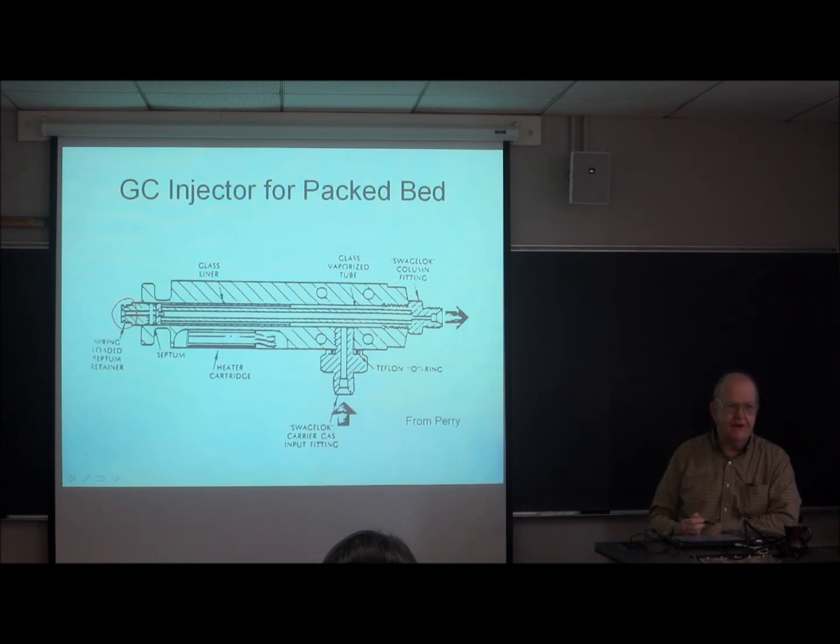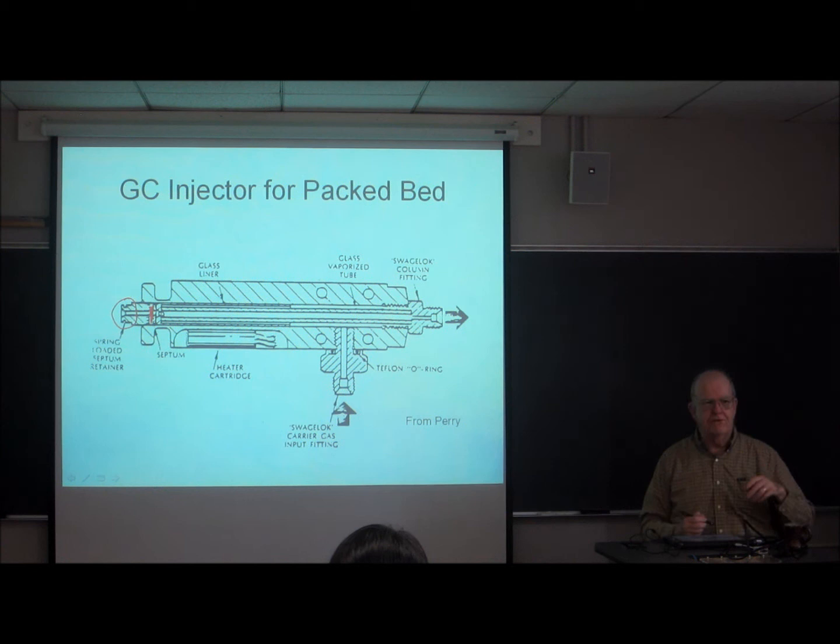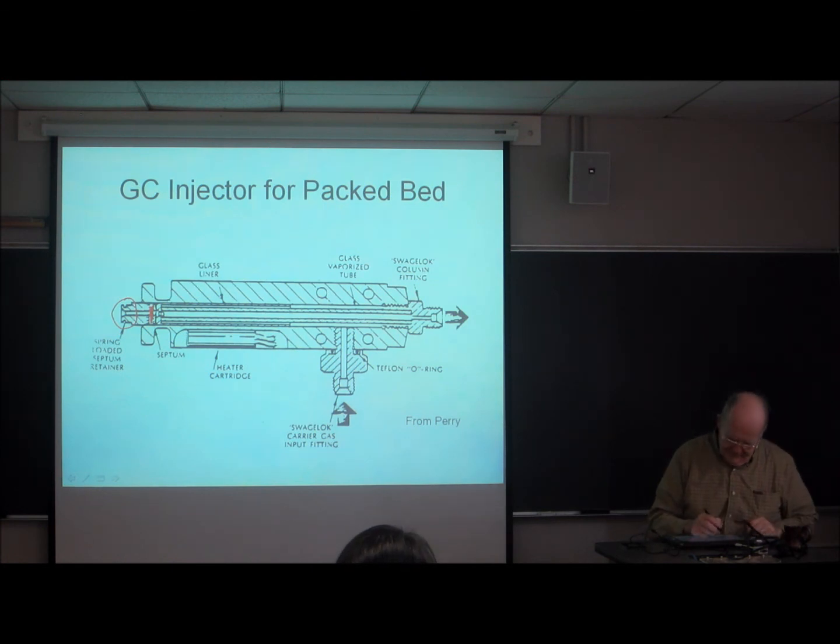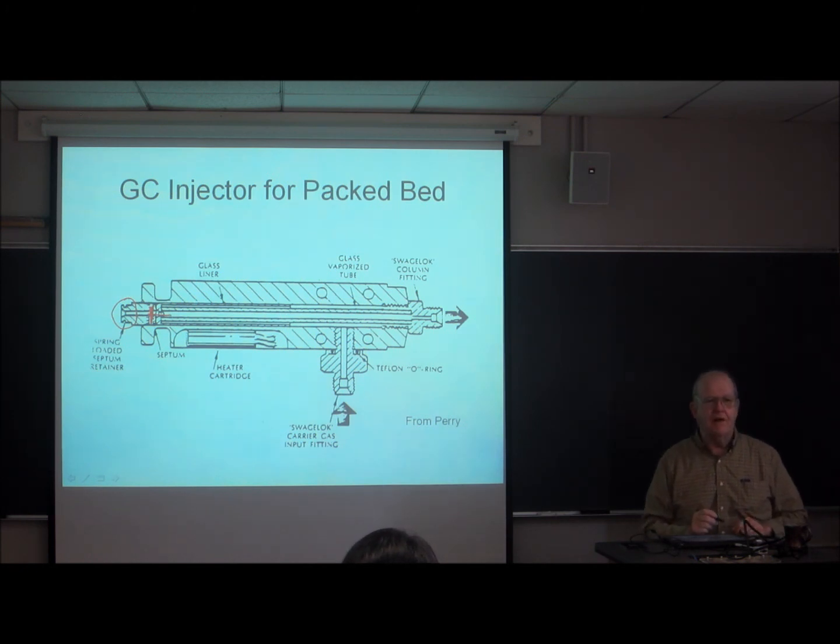Here's where you actually inject your sample, and right here there's a rubberized septum, and a syringe, either held by yourself or by an automated injector, goes through that rubber septum, and a syringe needle comes into here. And this is what we call the injection liner. It's usually made out of glass or quartz, and you squirt the sample in as a liquid.